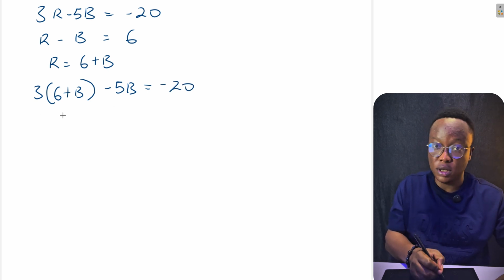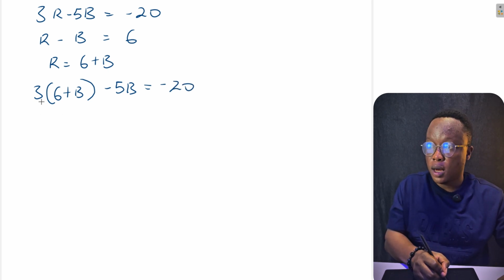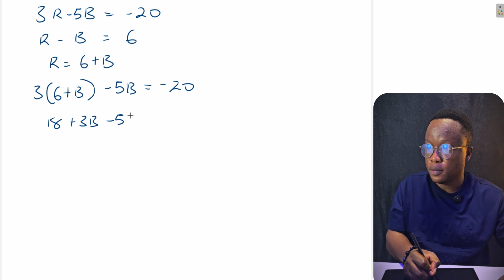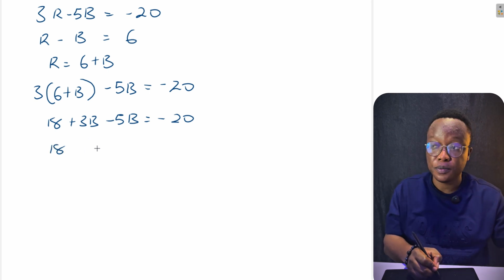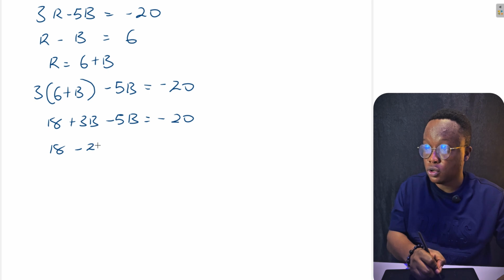So you solve one of these. We open the bracket. 3 times 6 is equal to 18. 3 times plus b, that's plus 3b, minus 5b is equal to negative 20. Right. So 18 plus 3b minus 5b is minus 2b is equal to minus 20.